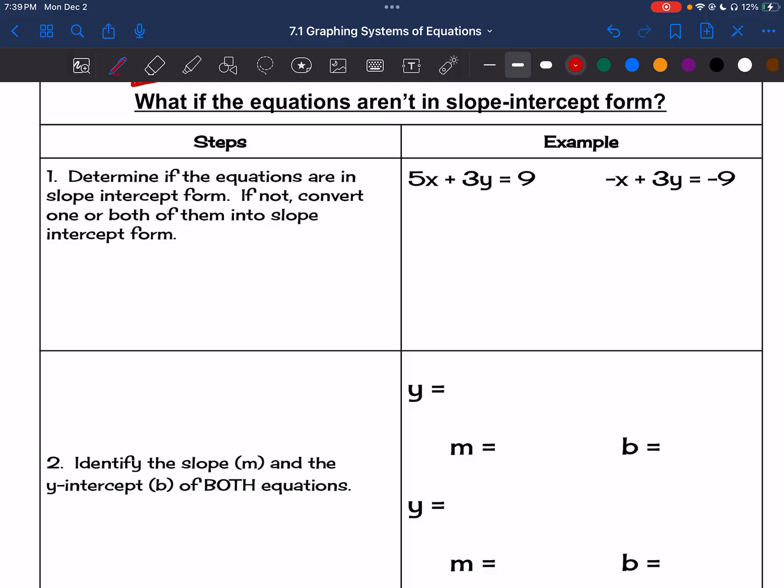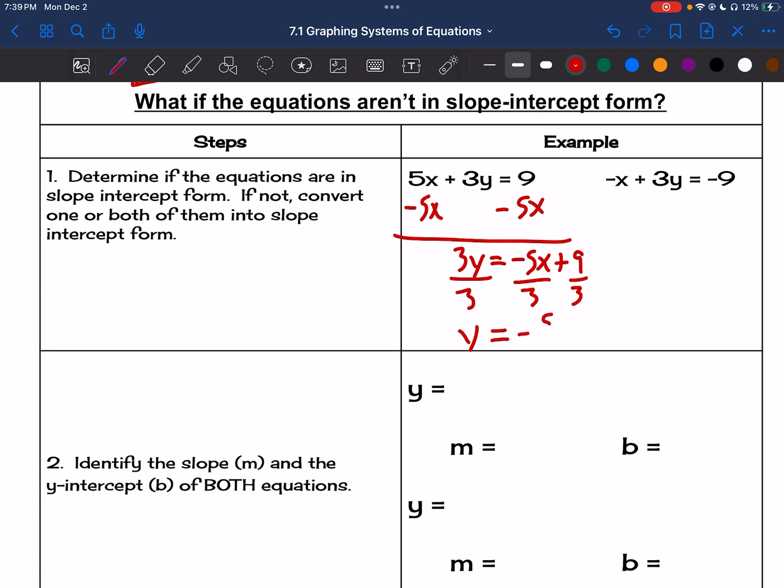So for the left one, we're going to subtract 5x from both sides, and we get 3y equals negative 5x plus 9, and then we divide by 3, and we need to divide all 3 parts by 3, so y is equal to negative 5/3 x plus 3.